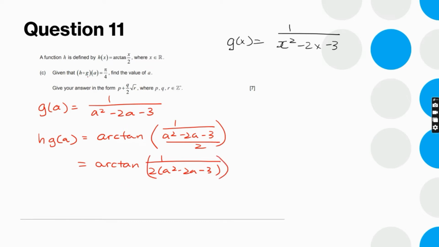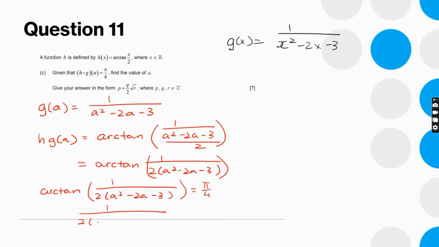Okay, so this is what I get. Because hg(a) is equal to pi over 4, so 1 over 2 tangent pi over 4.